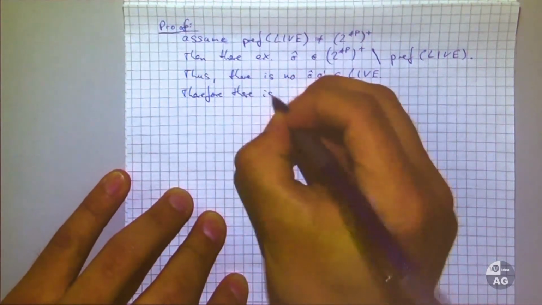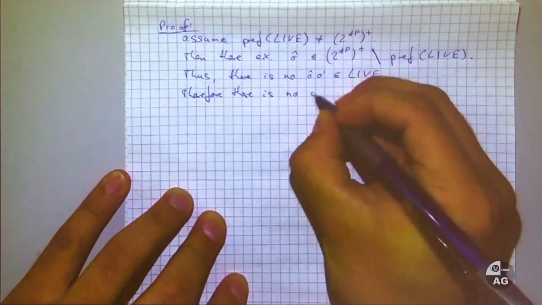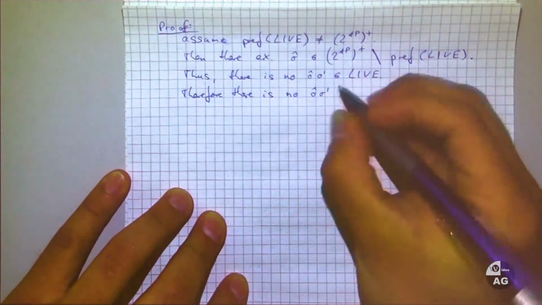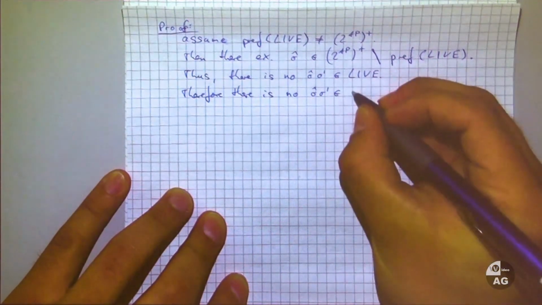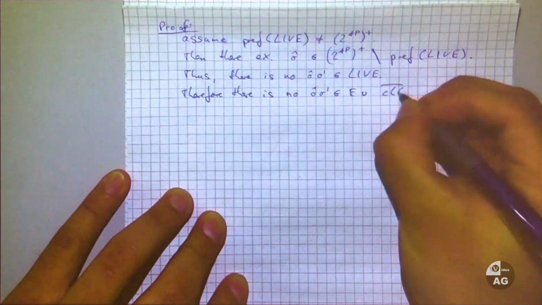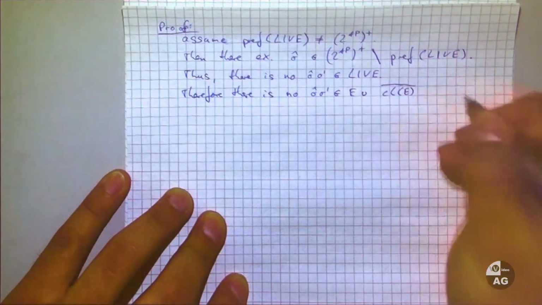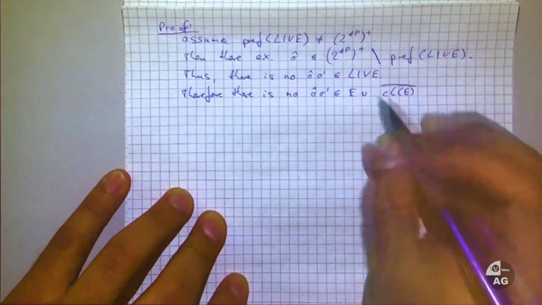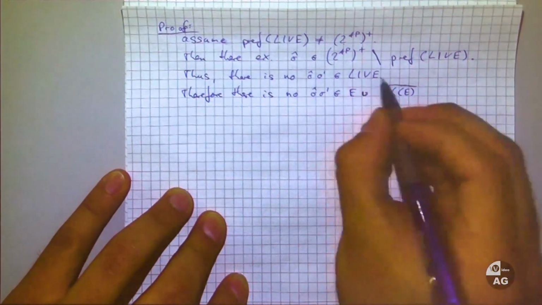Therefore, there is no sigma hat, sigma prime in E joined with the complement of the closure of E. That is just plugging in the definition of Live here, right?